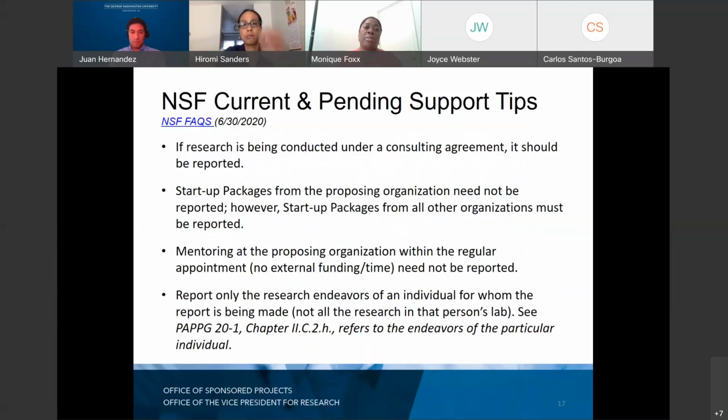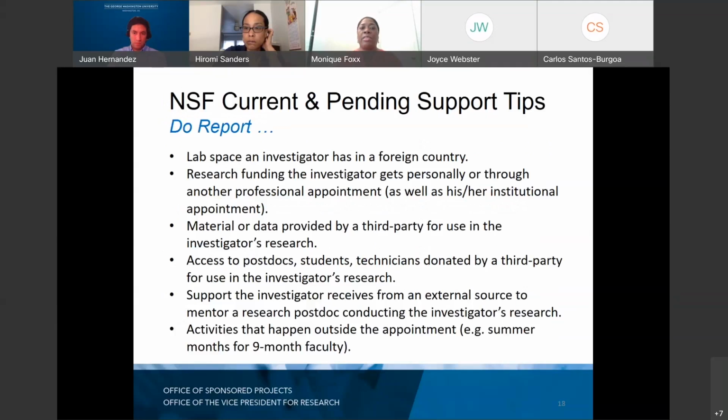And here are some tips for completing the NSF current and pending support. I do just want to plug here that NSF is expecting the new PAPPG 21-1 to be released sometime soon, but it will be implemented effective, I believe, in October 2021. So here again is a list of tips to report.